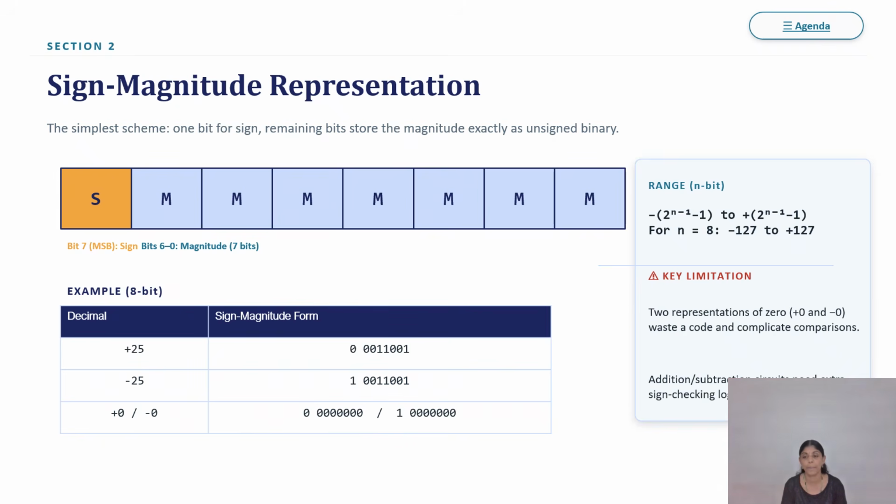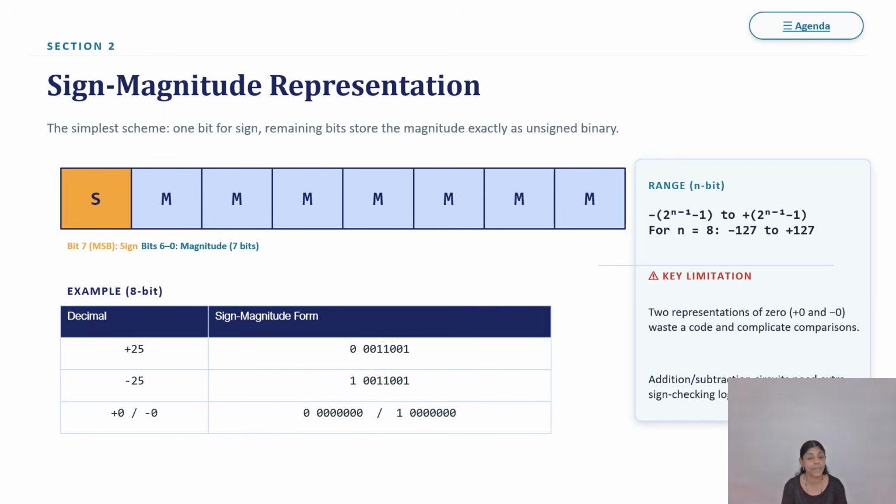So 8 minus 1 is 7. So minus (2 power 7 minus 1) should be considered the negative value, and 2 power 7 minus 1 should be considered the positive value. So what are the ranges for your signed magnitude? Minus 127 to plus 127.